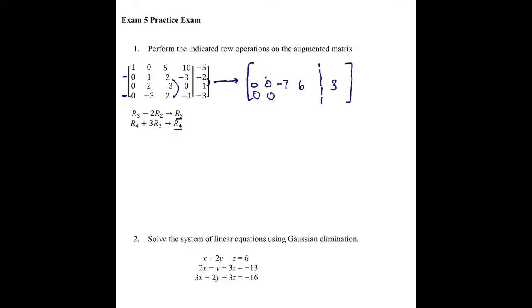And then here, 2 plus 3 times 2, so that's 2 plus 6, which is 8. And here, negative 1 plus 3 times negative 3, that's negative 1 plus negative 9. That's negative 10. And then here, negative 3 plus 3 times negative 2, that's negative 3 plus negative 6. Negative 9. Row 1 and row 2 are going to stay the same.